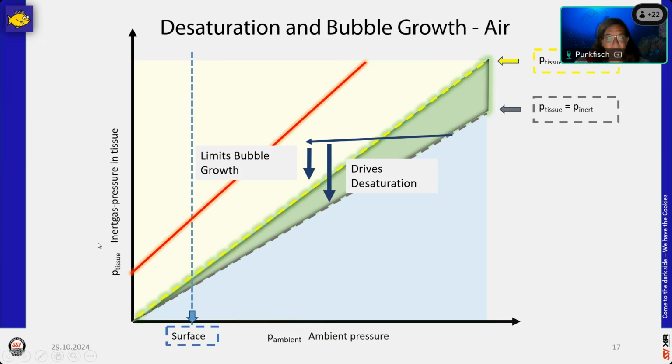So if we stop very deep, to allow the faster tissues to desaturate already and to limit the bubble growth in these faster tissues, like for example in the blood, which sounds incredibly like, okay, this makes a lot of sense, then it means at the same time that slower tissues, like medium and slow tissues, are still saturating, and we will have to do more stops somewhere later at a shallower depth to desaturate these tissues in the same way as well.